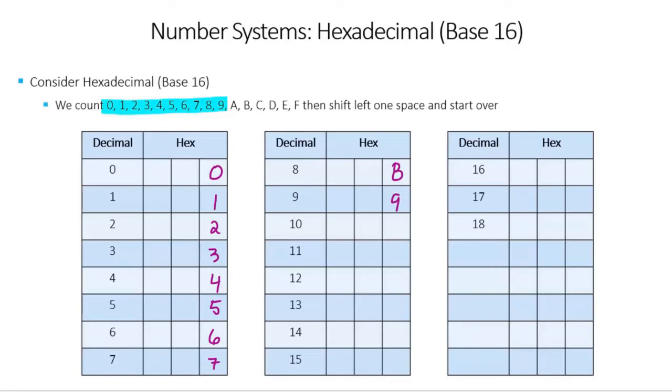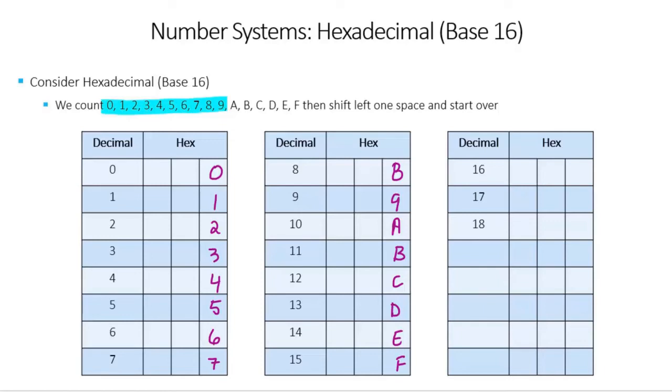Then when I pull out 1 more piece of candy, I have a symbol for that. I say that I have A pieces of candy, and then B, which corresponds to the decimal number 11. Finally, C, D, E, and F.